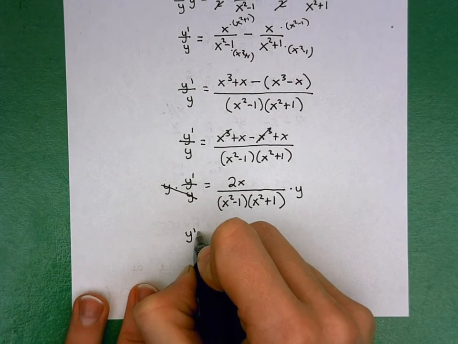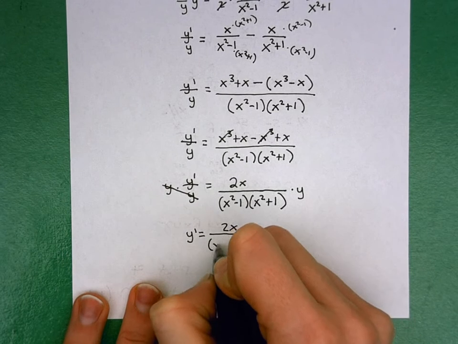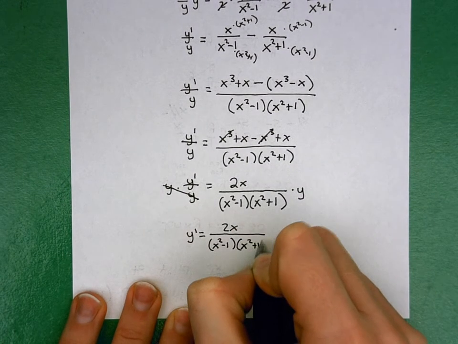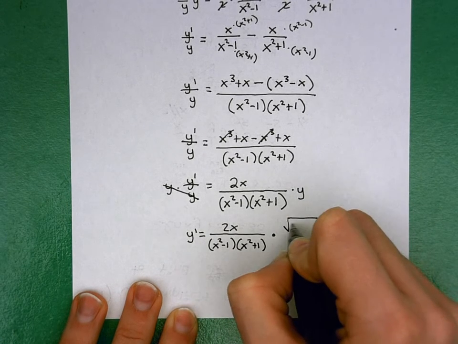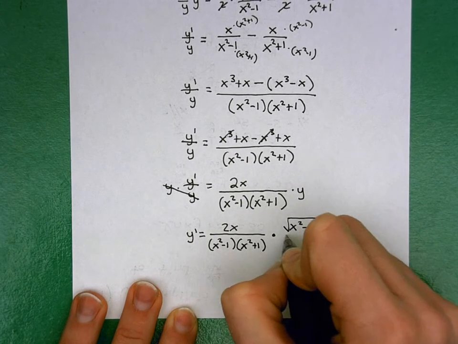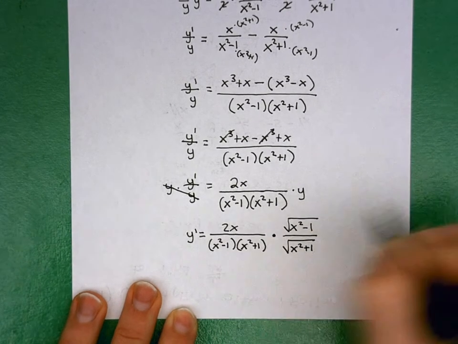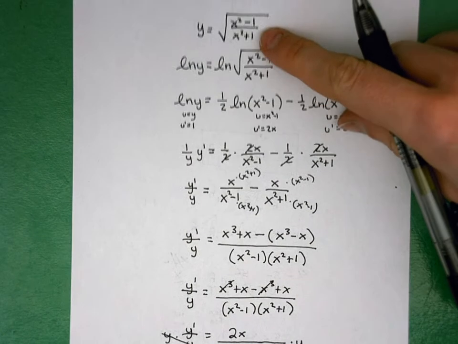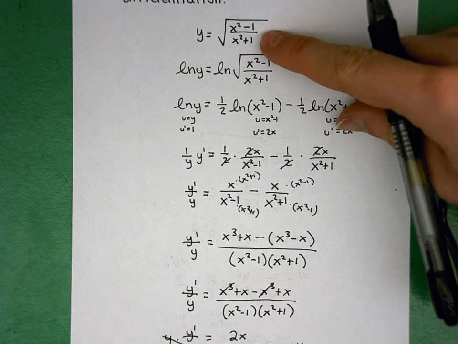So I have y prime equals 2x over (x squared minus 1) times (x squared plus 1) times, and my y was that square root of (x squared minus 1) over (x squared plus 1). And I went ahead and split that square root between the numerator and the denominator.